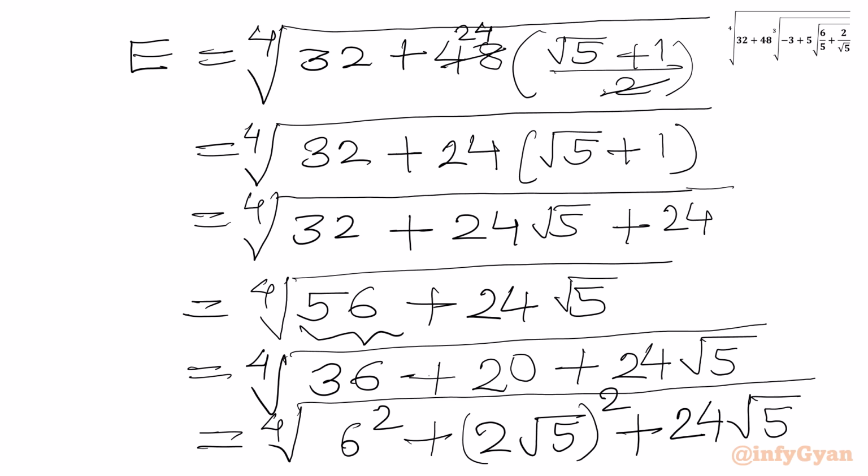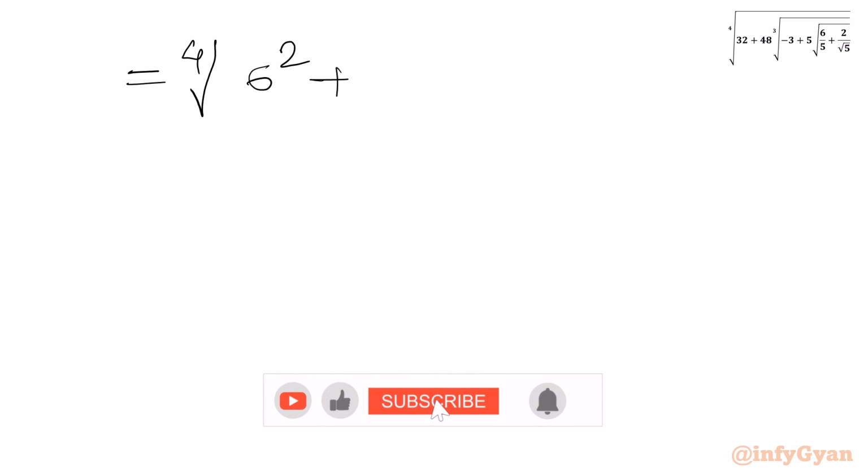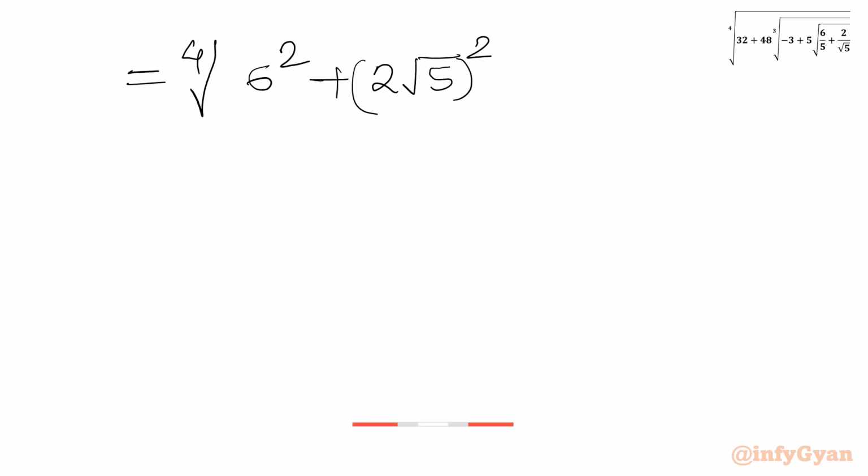So again this is a square plus b square plus 2ab. We can see, let me write here, the fourth root of 6 square plus 2 square root 5 whole square plus 2 times 6 times 2 root 5. This is 24 root 5.